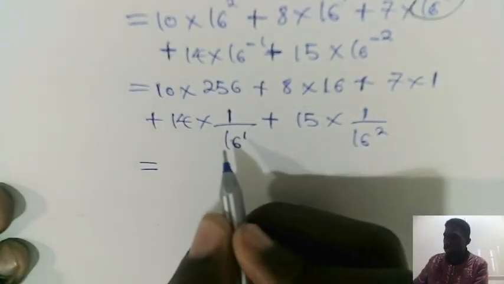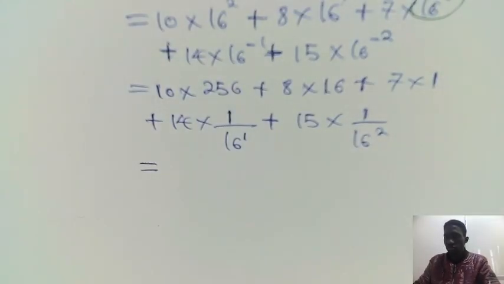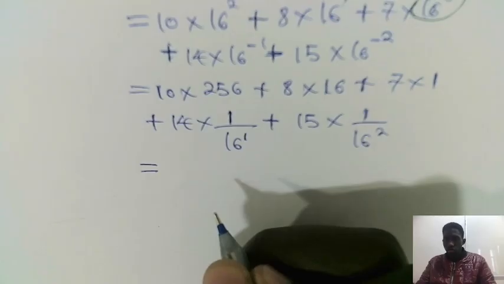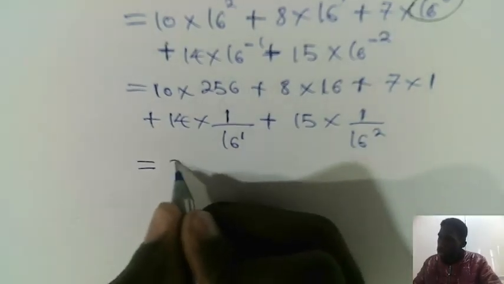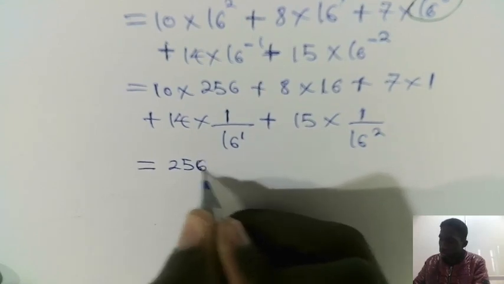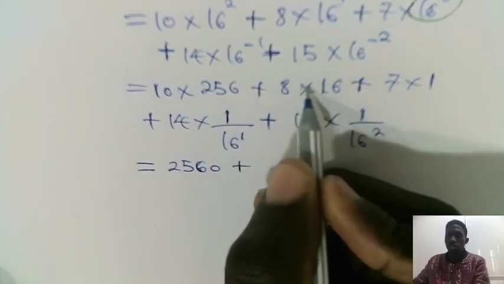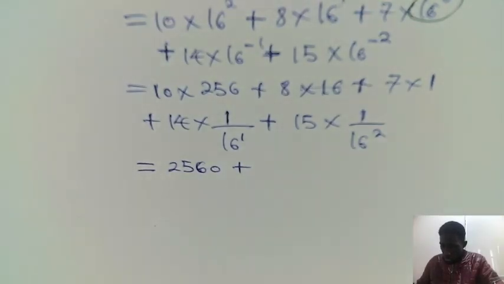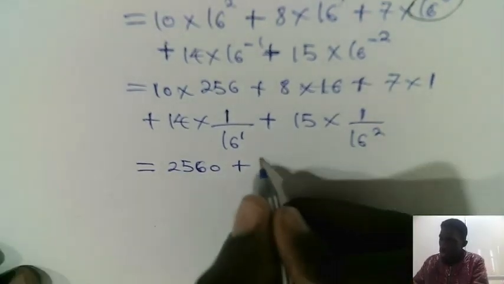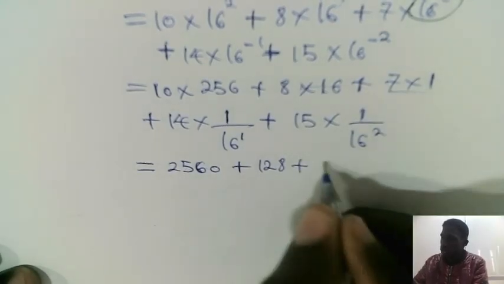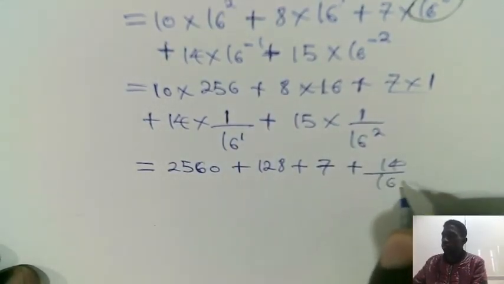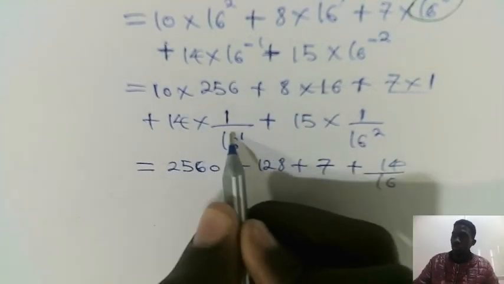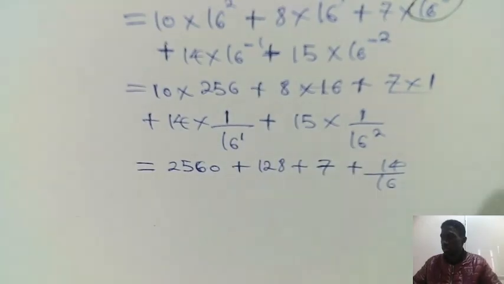So further simplification gives us 10 times 256, that's 2,560. Then we have 8 times 16, so 8 times 16 is 128, plus 7 times 1 is 7. Then we come across this. This gives us 14/16, right? 14/16, because 1/16 to power 1 is 1/16.